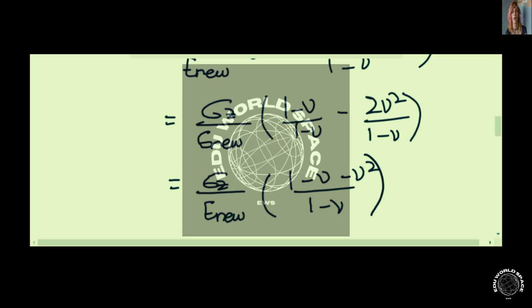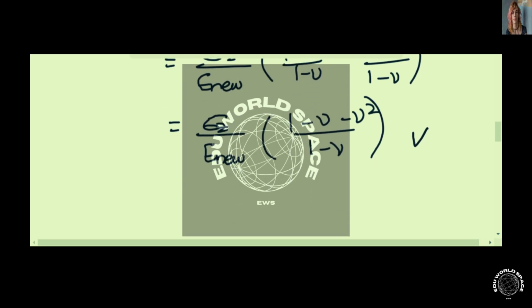Now all we have to do is find the ratio of the normal modulus of elasticity to the new modulus of elasticity, which we can do by dividing the left and right sides of the two equations we found.